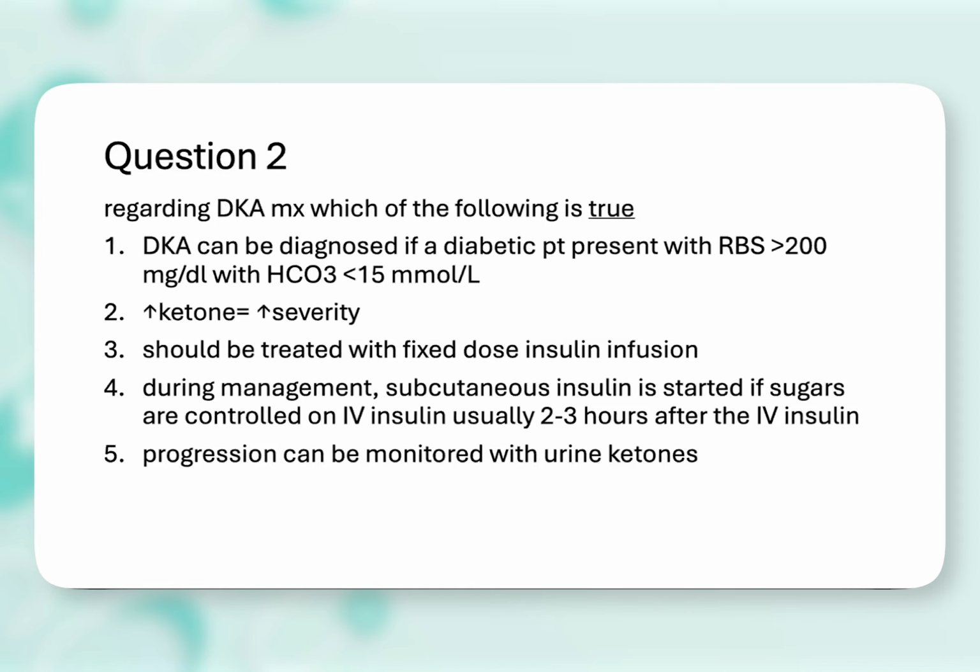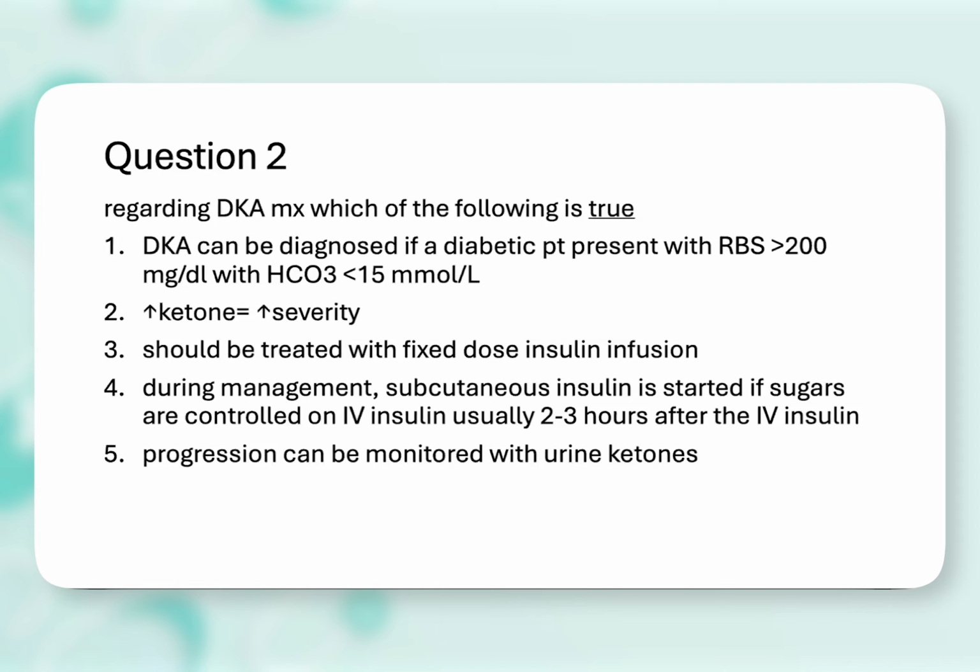Option 2 says ketones indicate severity. Ketones only indicate the lack of insulin, but the severity depends on the pH. There is a classification of DKA severity; if you read it, it depends on the pH, the bicarbonate levels, and the clinical scenario.